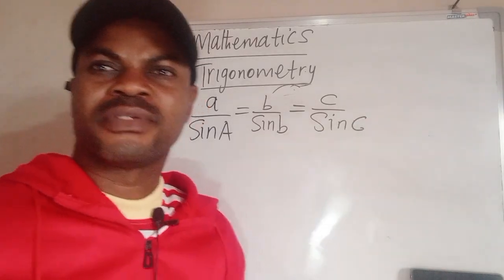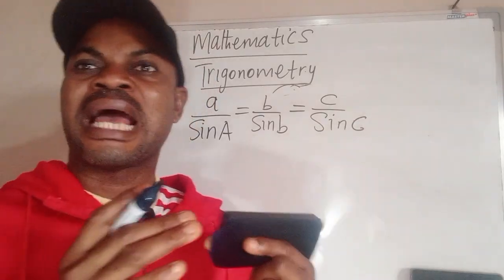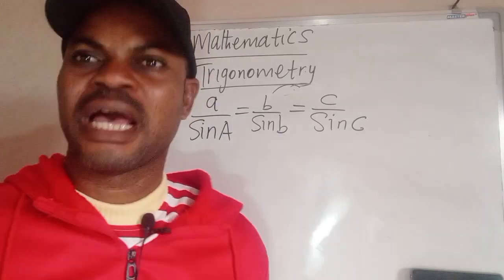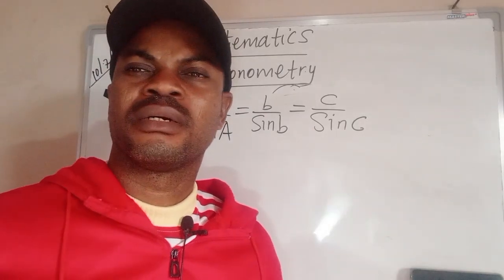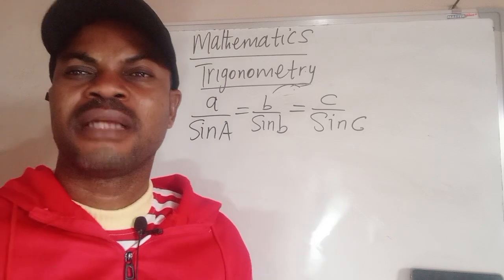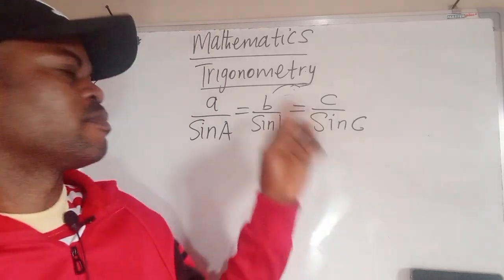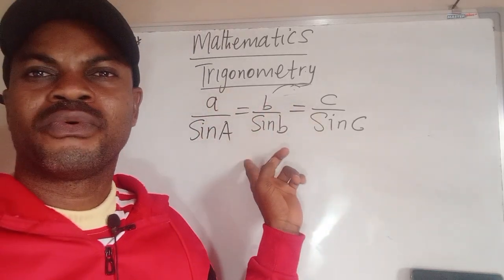What I'm saying is this: if it happens to be an acute triangle you observed, or an obtuse triangle, the formula that comes to mind is the sine rule.